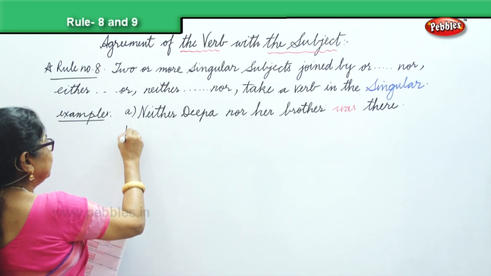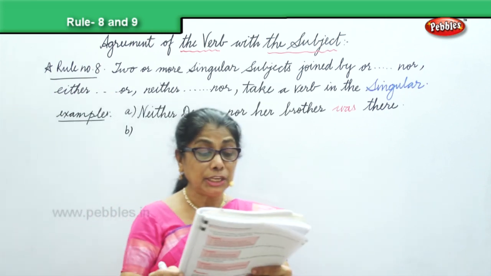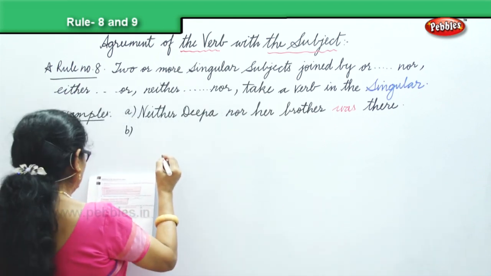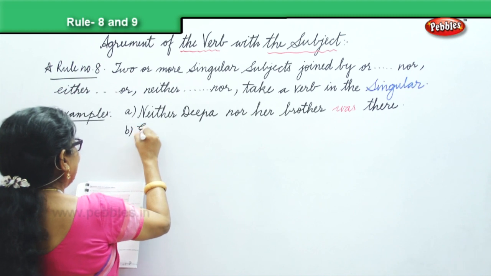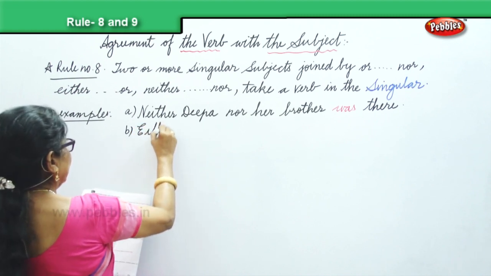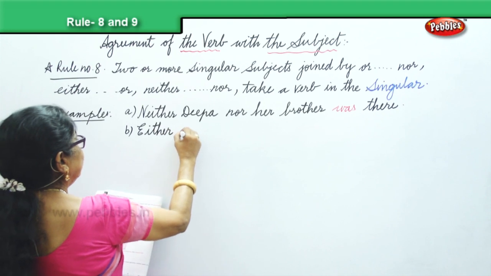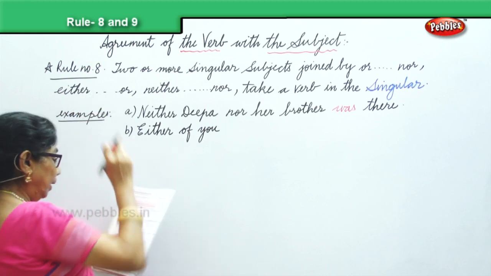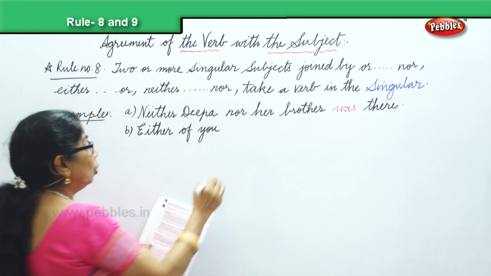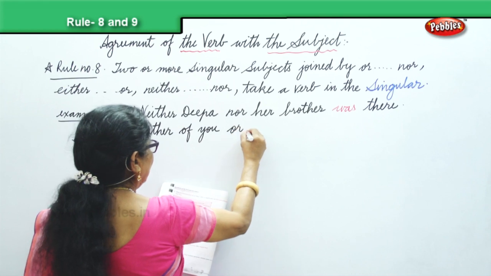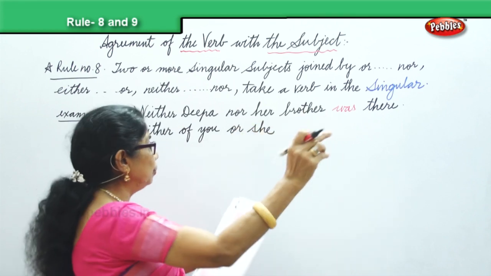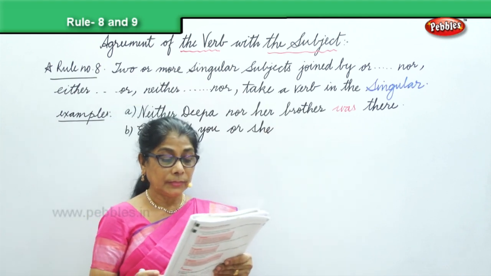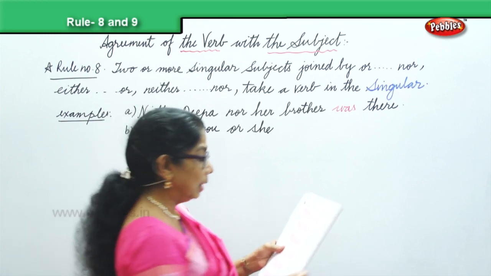Another example, either of you or she dash to come early.